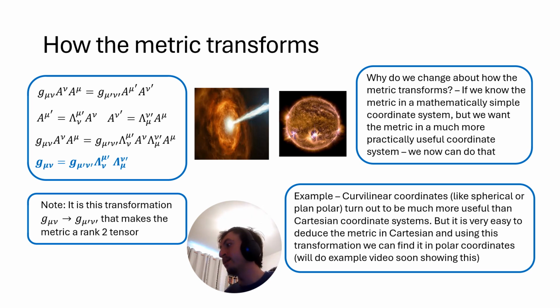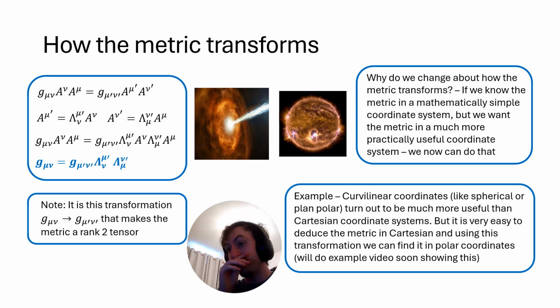What makes it simple is that in Cartesian coordinate systems, the basis vectors don't change from one point to another, so their derivatives are 0, and because they don't change, we can just decide that the vectors are always unit vectors, which means that, in a Cartesian coordinate system, at least for flat space, our metric is just expressed as the identity matrix, a very, very simple representation of the metric.